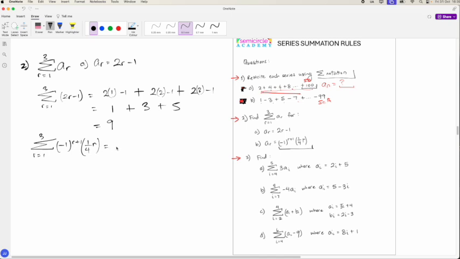So first of all, when r is 1, that'll be negative 1 squared times 1 on 4, plus negative 1 when r is 2. 2 plus 1 is 3, and then we'll have here 2 on 4, plus negative 1 when r is 3. 3 plus 1 is 4. And then we'll have 3 over 4.